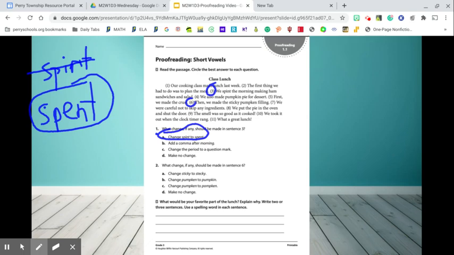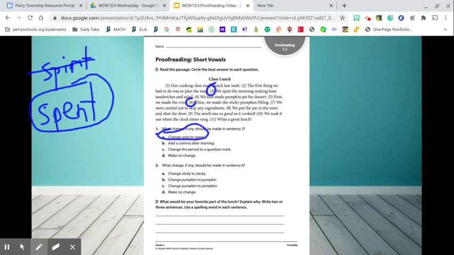Well, when I'm thinking about sticky and I spread that word out, I can hear st, and the I is a short I, so it would make sense to put the I there. If I spell it S-T-E-C-K-Y, then the E would have to say eh. So it would be st-e-ky. Stecky. That's not it.